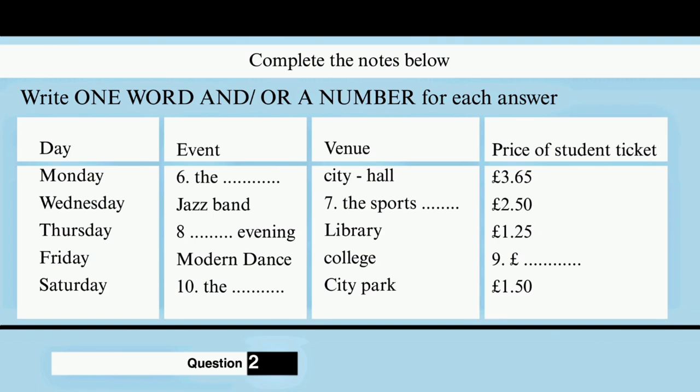Oh, yes, that is a lot. If I'm going to spend that much, I'd prefer to go out on Saturday. Yeah, me too. But on Saturday night, there isn't live music or a party or anything. Just the fireworks in the city park. And that's only £1.50. Yeah, that'd be good.